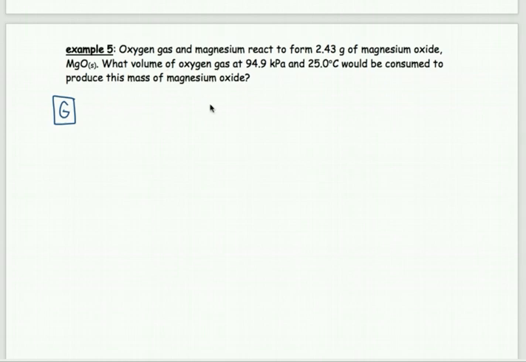Again, we have a gas reaction, so let's write out the balanced chemical equation. We have oxygen gas, magnesium metal, and magnesium oxide. Magnesium is a 2 plus charge, oxygen is a 2 minus charge, so that makes MgO.